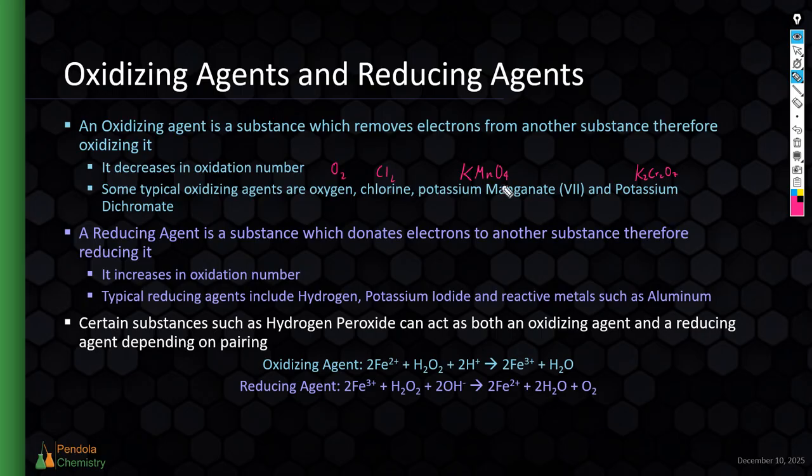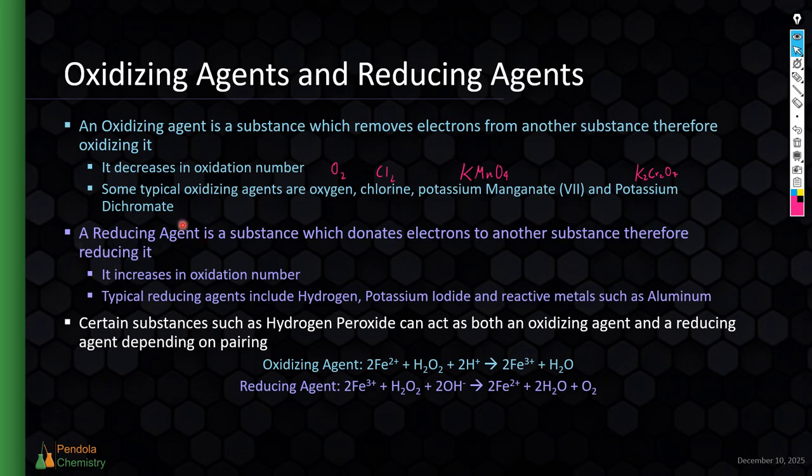Other than chlorine, you will notice that a lot of the oxidizing agents have oxygen in them. Oxygen obviously is an oxidizing agent. Potassium permanganate has 4 oxygens. Potassium dichromate has 7 oxygens. A lot of strong oxidizing agents have a lot of oxygens in them because they're oxidizing or adding oxygen to other compounds.